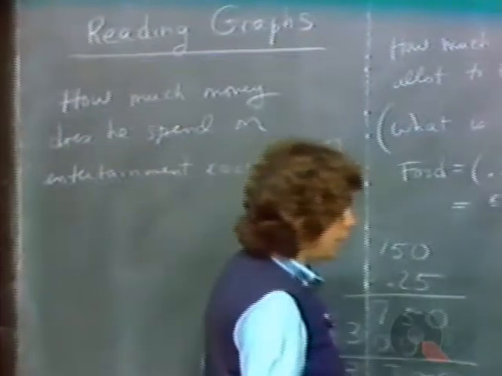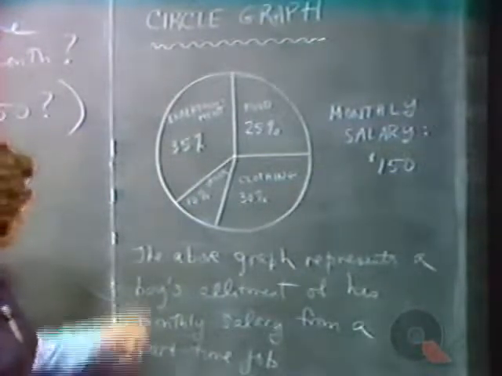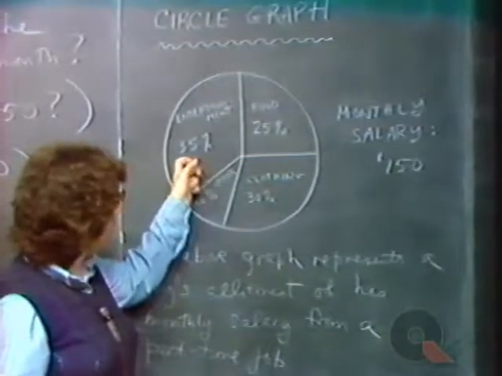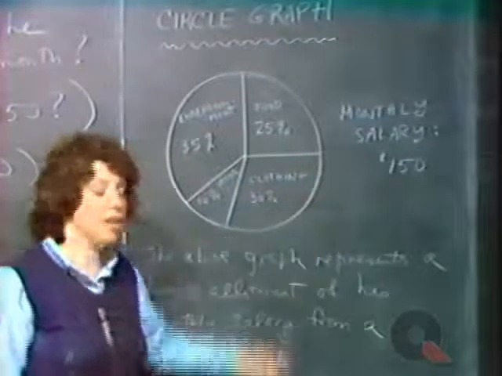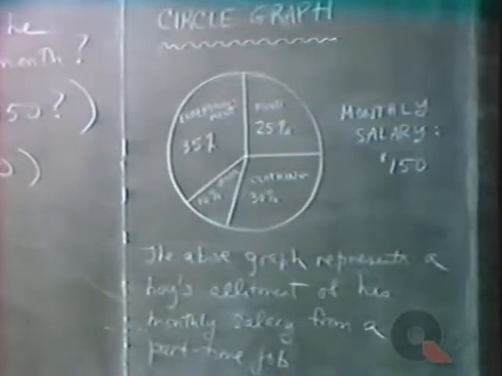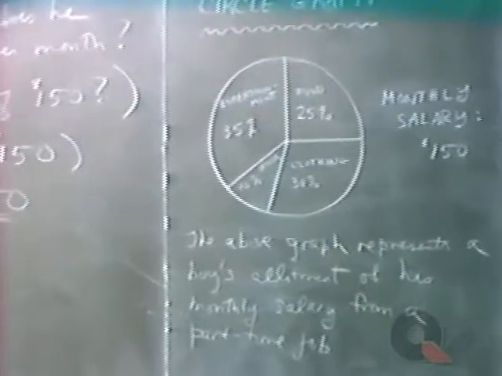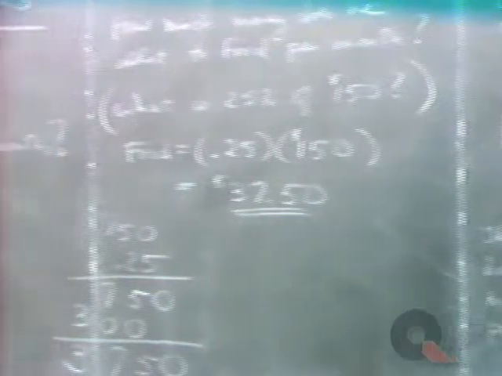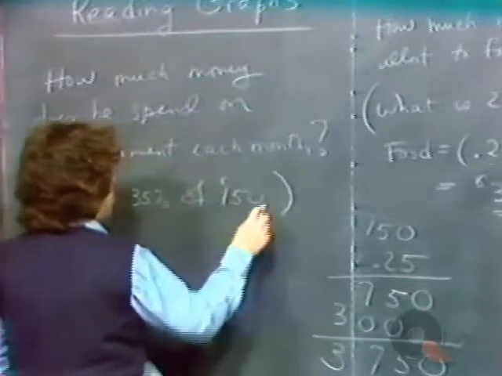Okay, entertainment is the largest chunk of his budget. 35% of his salary goes to entertainment. So we're interested in 35% of $150. So basically this question is really asking, what is 35% of $150?